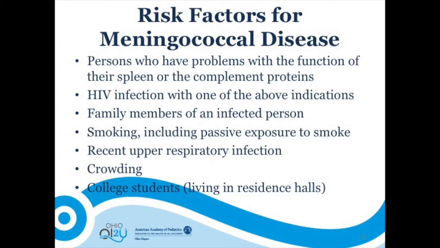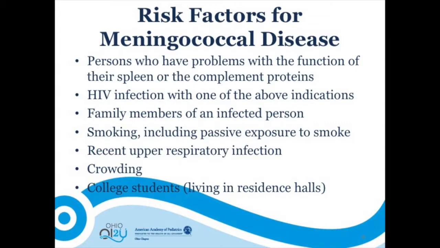This slide lists some of the risk factors for acquiring meningococcal disease. These risk factors include people who have problems with the function of their spleen or the complement proteins. The spleen aids in clearing the meningococcus from the blood.